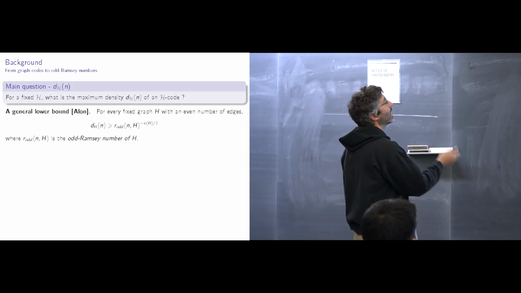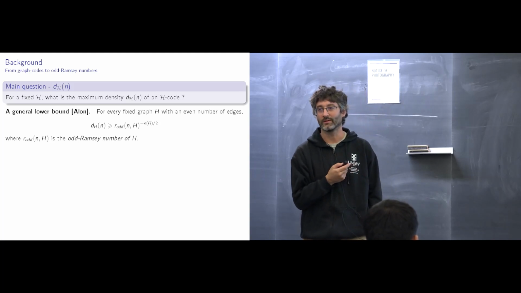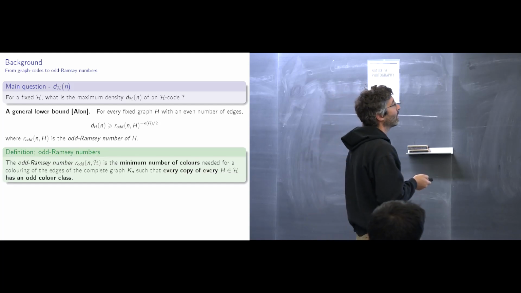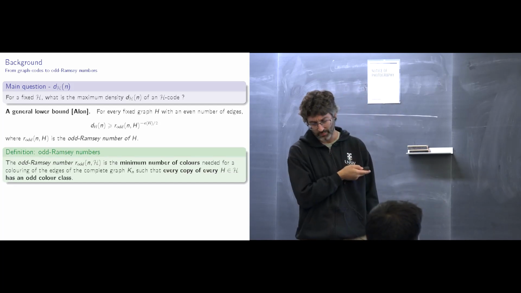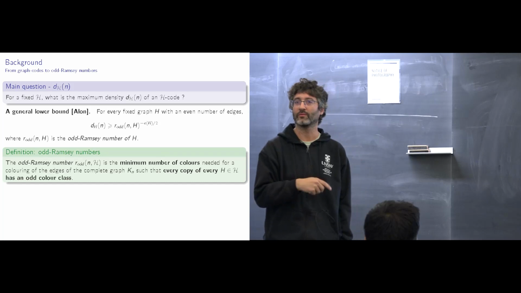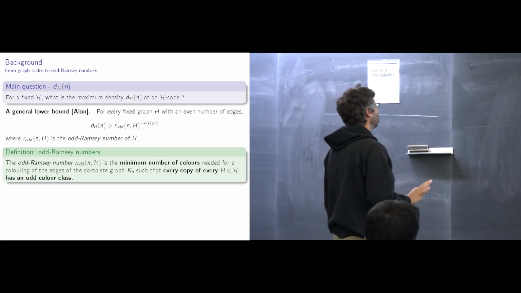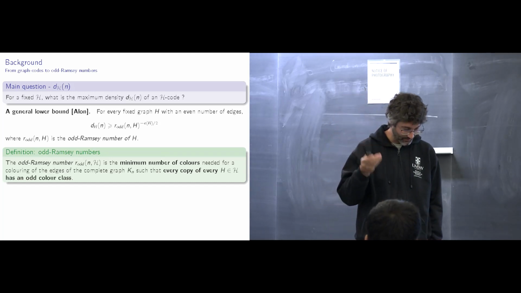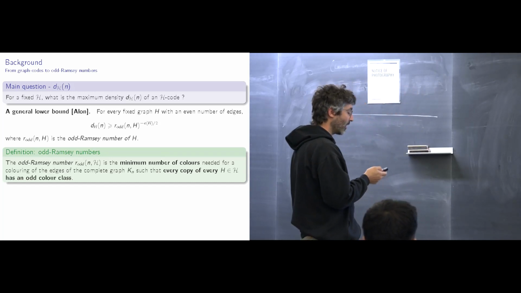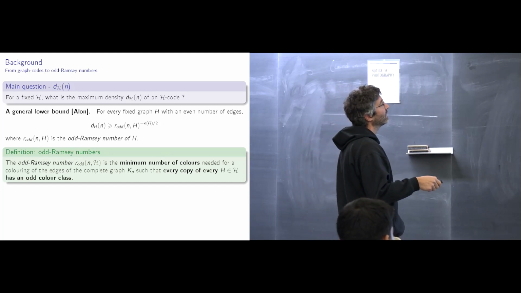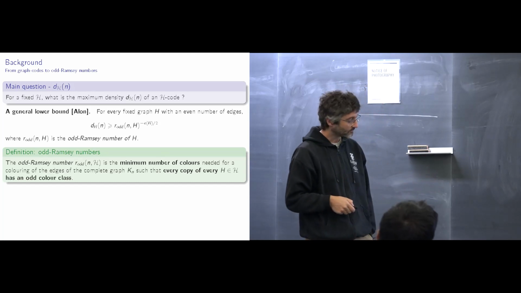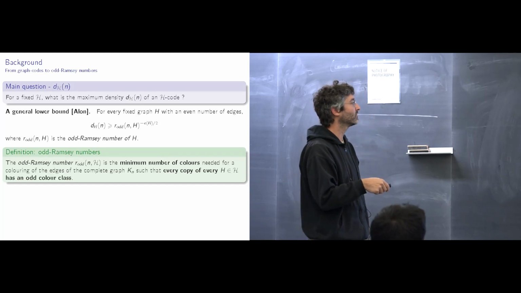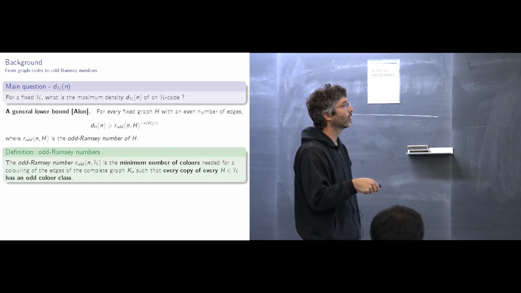So that just gives you the background, and I will tell you after that what is the Odd-Ramsey number of H. I will keep that definition up there quite a lot, and I'm going to give you some examples after that. So don't worry, it's always a bit weird. Ramsey numbers, it takes a while to understand the mechanism sometimes. But the Odd-Ramsey number, if I give you either a graph H or a family H, is the smallest number of colors possible, such that you can color the complete graph Kn.